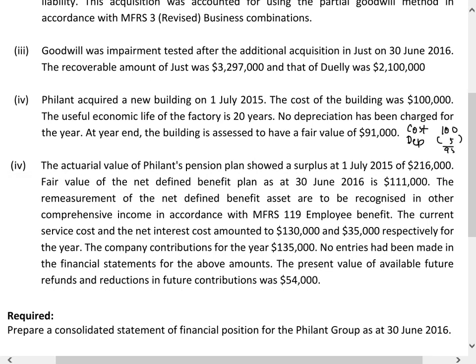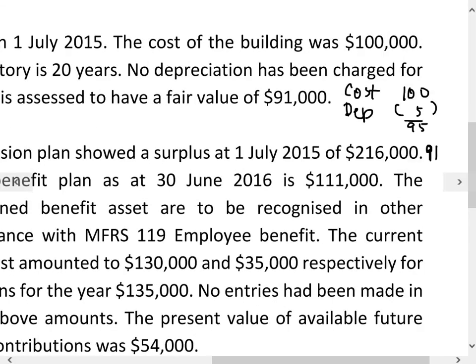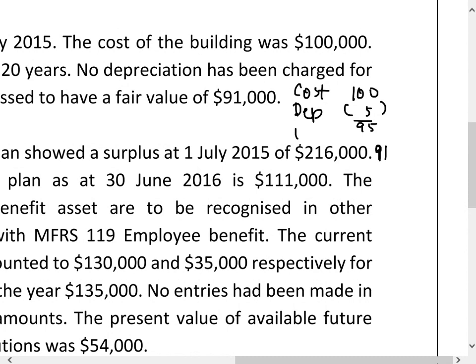I'm left with 95, but my fair value is 91. There's an impairment of 4, correct? Depreciation 5.